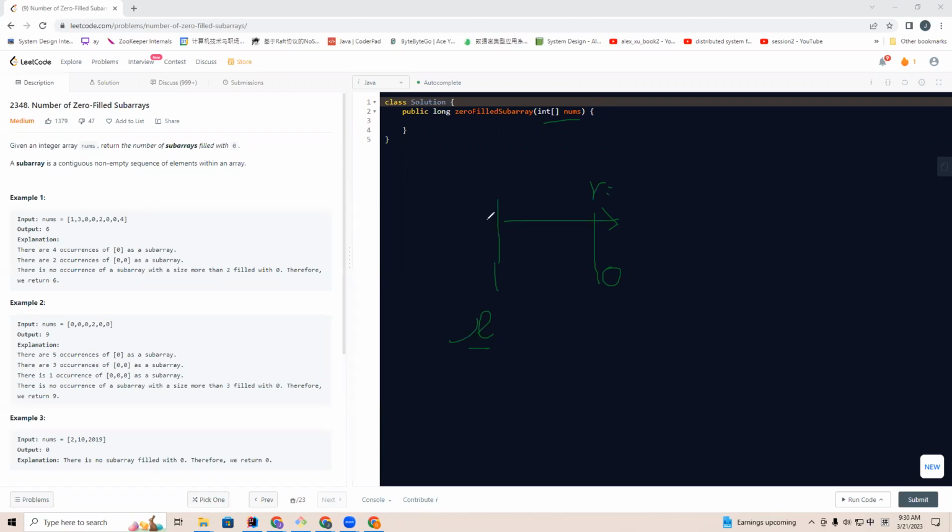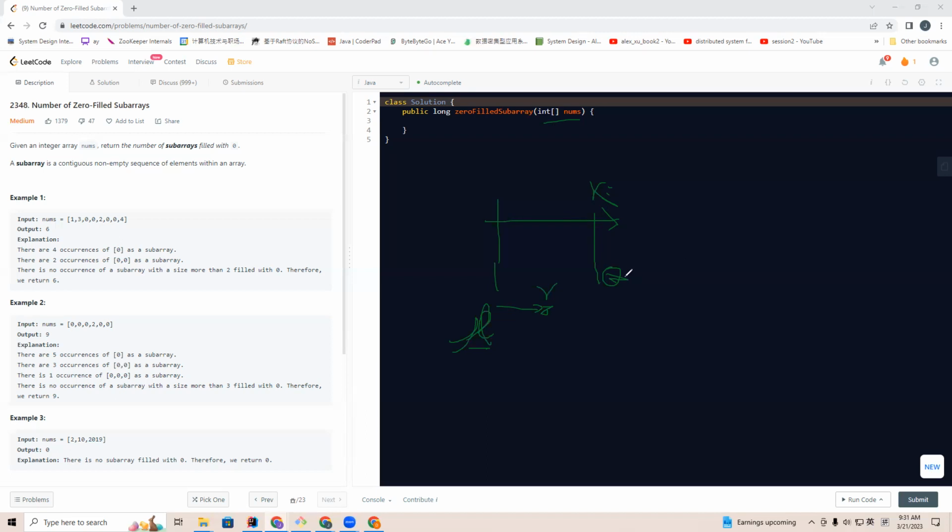We move the right pointer, and what we need to do is, if this right pointer meets a number which is not 0, okay?